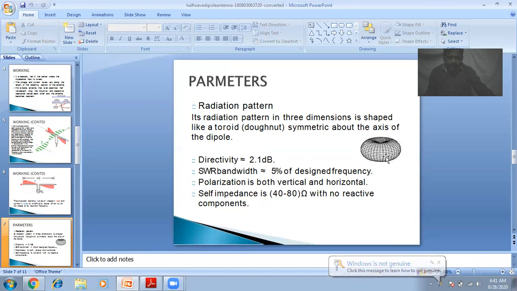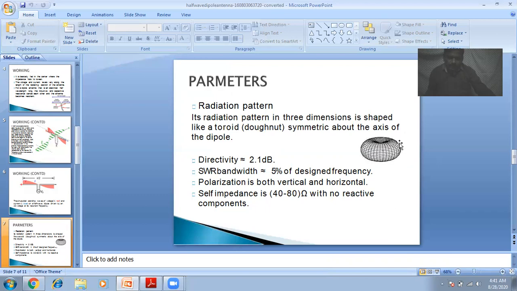That is what we saw in the previous classes. Horizontally, it is radiating uniformly, and vertically, it is not radiating uniformly. Here it is somewhat less when compared to the radiation at this position. So gradually it is decreasing vertically.